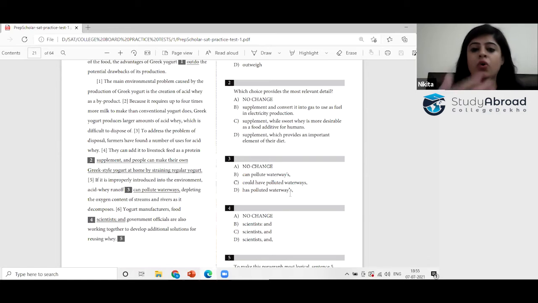By making out what difference the options are showing us. If A says can pollute waterways, what is the difference B is offering? An apostrophe in the word waterways. What difference is option C offering? They have replaced can with could have polluted waterways, and D has replaced can with has, and also has an apostrophe with waterways.